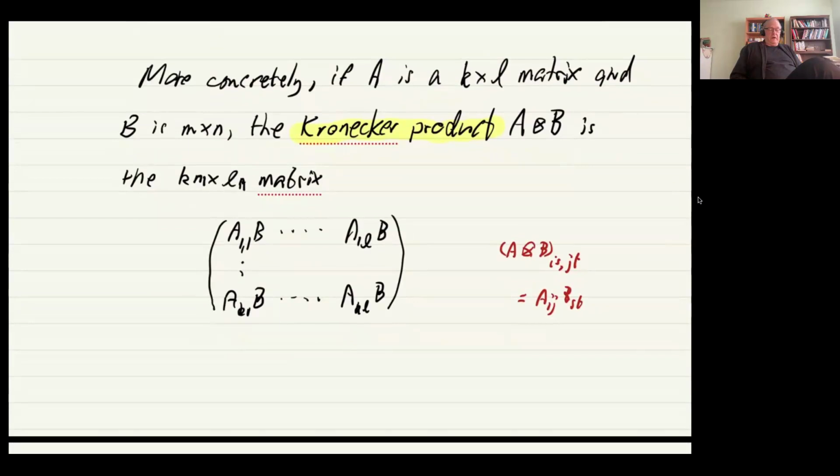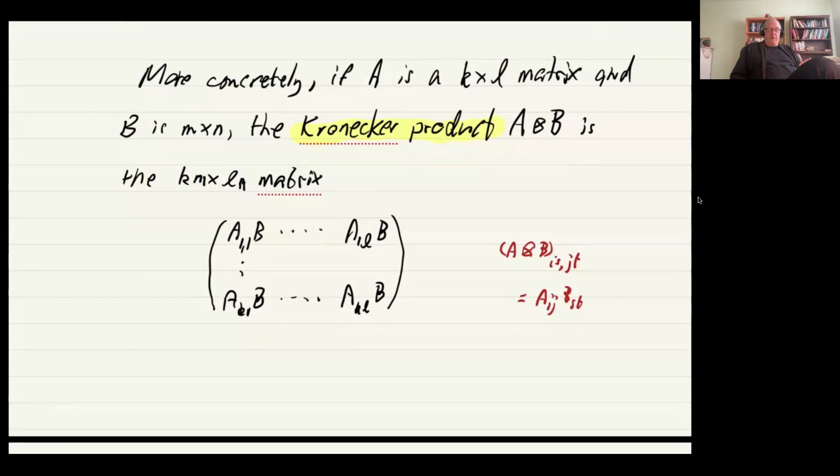Okay, so we're going to define the tensor product of a K by L matrix with an M by N matrix. It's worth realizing here that one of K and L could be 1, and one of M and N could be 1, so these matrices could be what you would call vectors. I always feel a bit uneasy at this point because matrices form a vector space, and so if you take an element of a vector space, surely it's a vector.